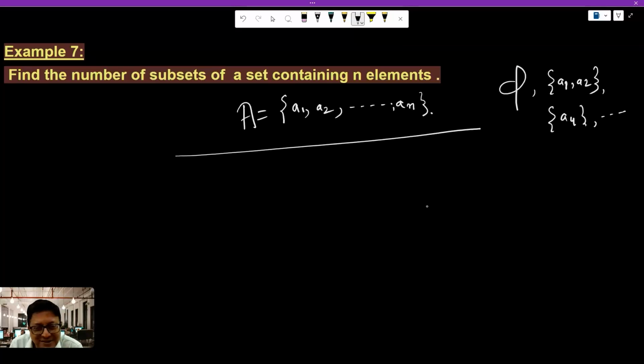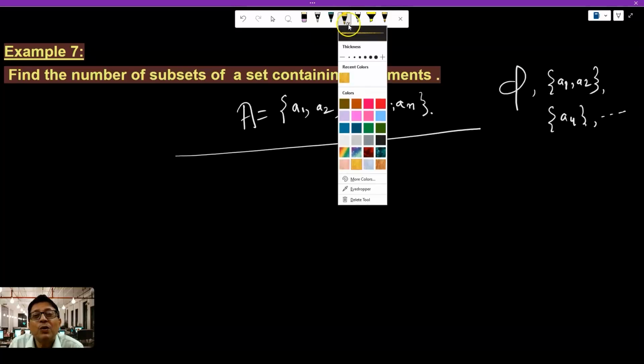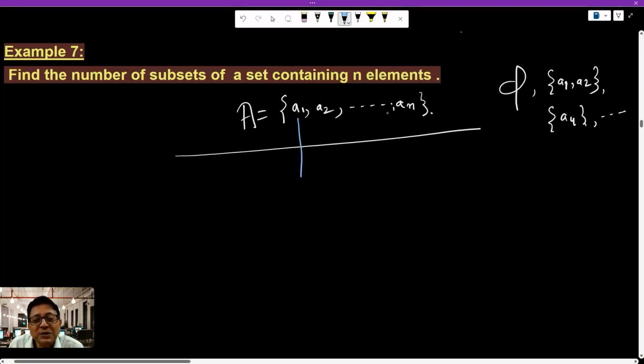Again, the choice: either one particular element is there or not there. Isn't it? So this particular element is either included or not, two ways. This one, 1 plus 1, 2 ways.